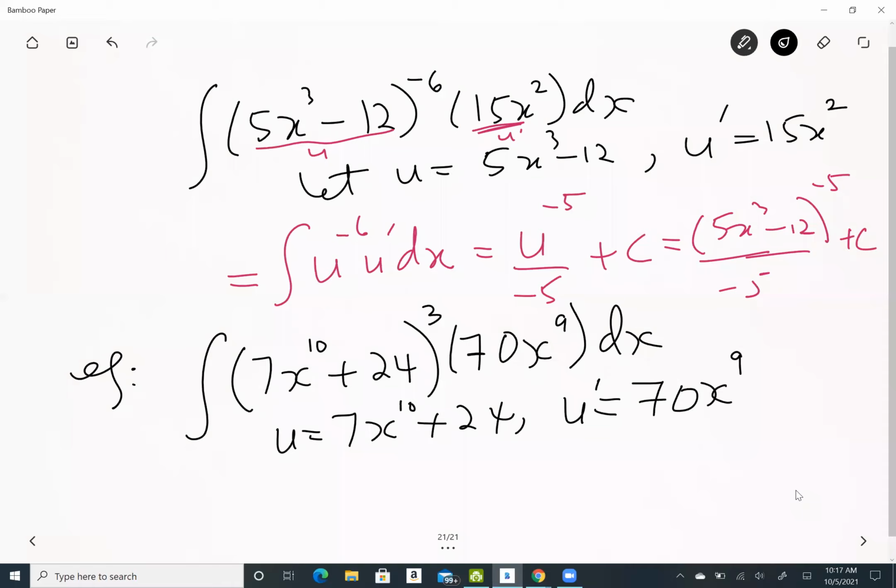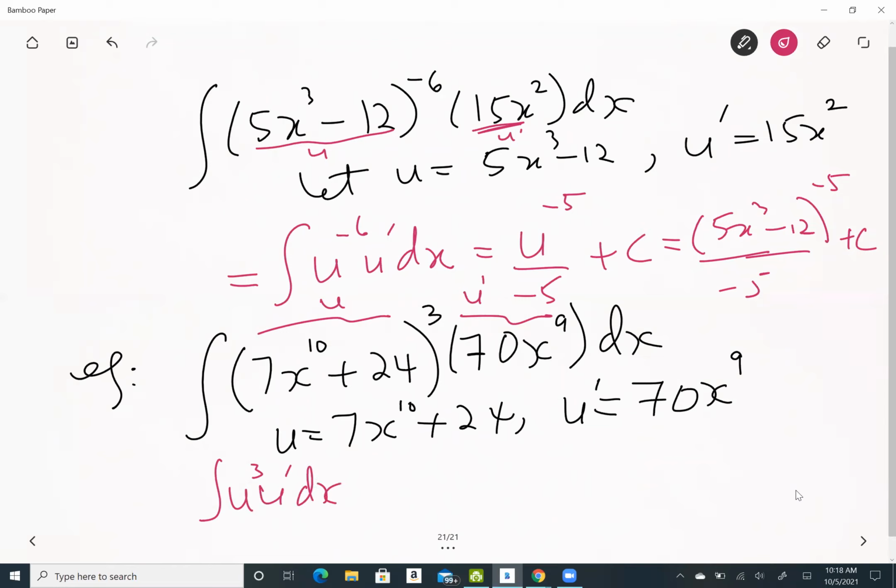Now, do we have u to the power of n multiplied by u prime, the form? Yes, we do. So if this is the u, what is this? That's u prime. So I have u to the power of 3 multiplied by u prime dx.